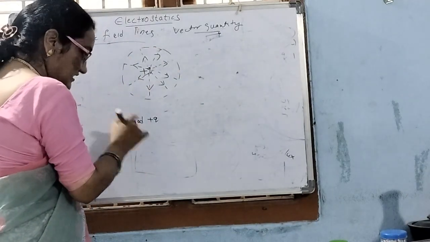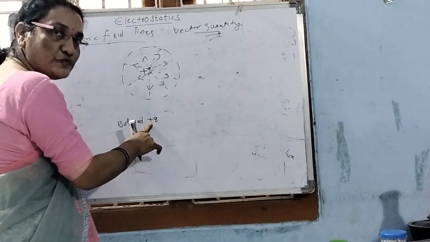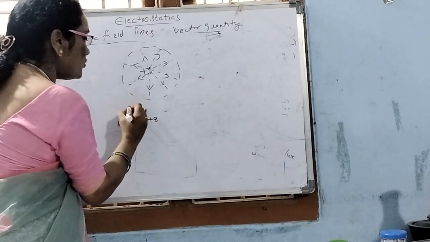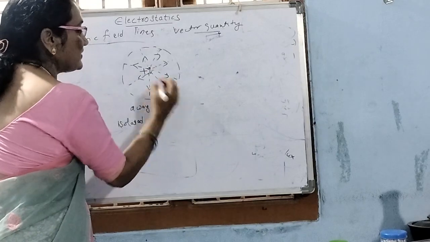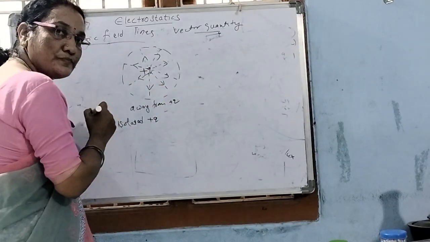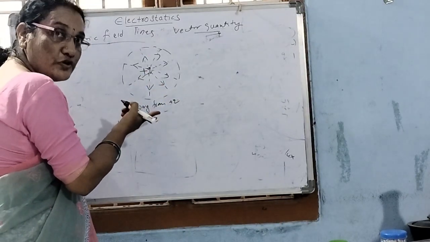Means flux lines, if we take the isolated positive charge, are moving away from plus Q.